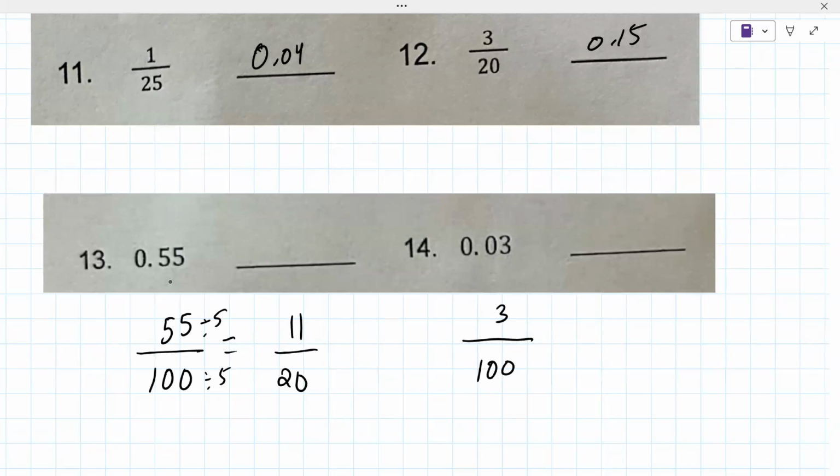So 3, right? So it would just be 3 over 100, right? Yeah.